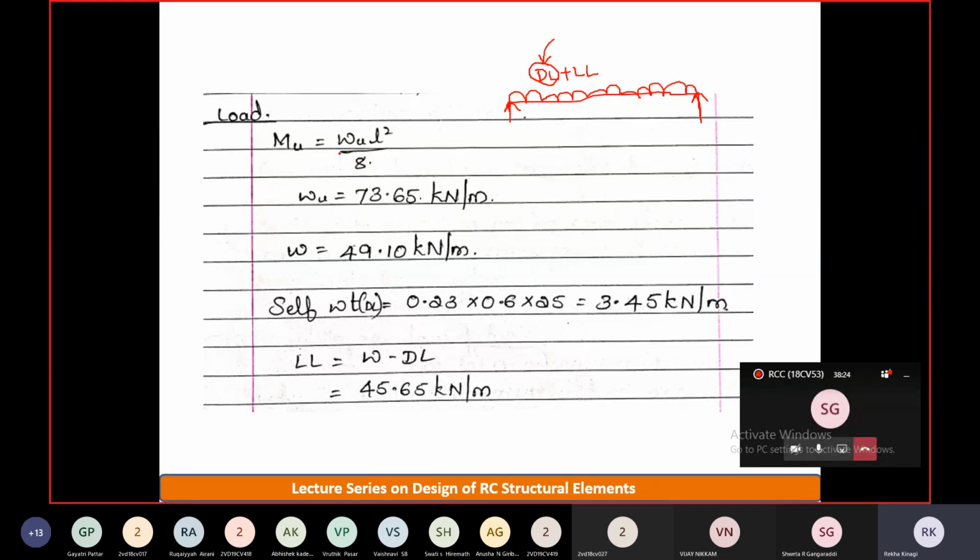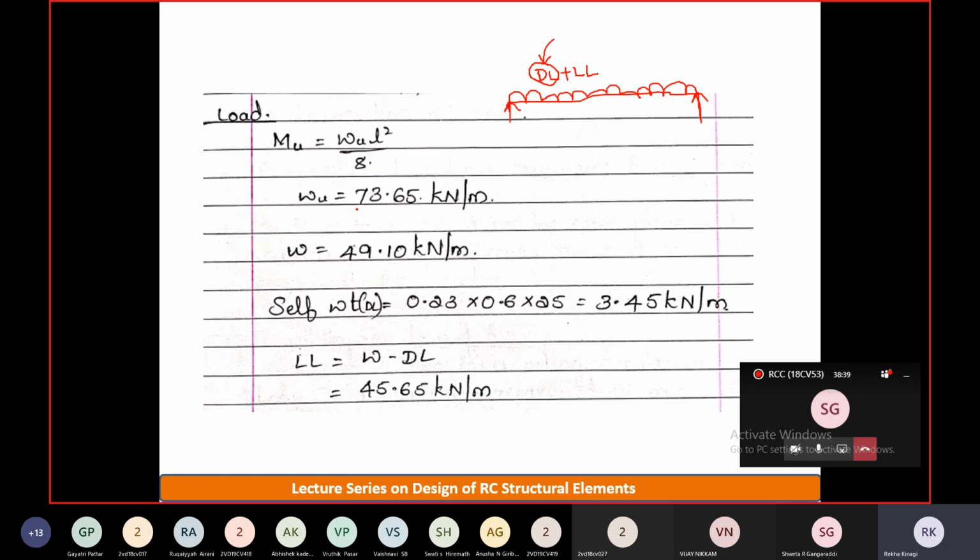So Wu is equal to 8 into Mu divided by L square, where L is the effective span. So we'll be getting Wu equal to 73.65 kilonewton per meter. This is the total factored load.